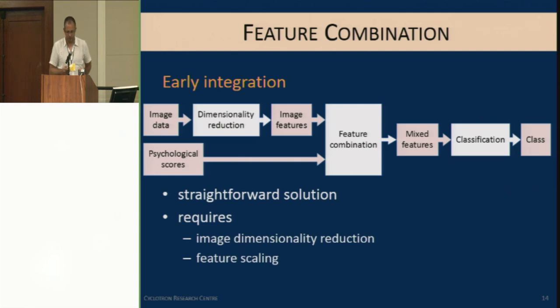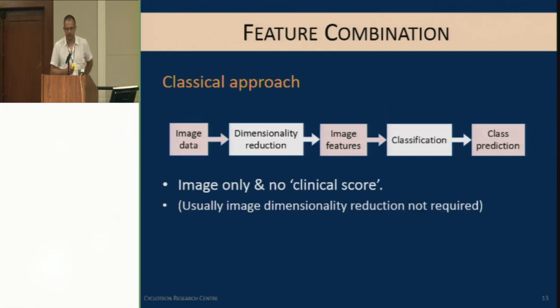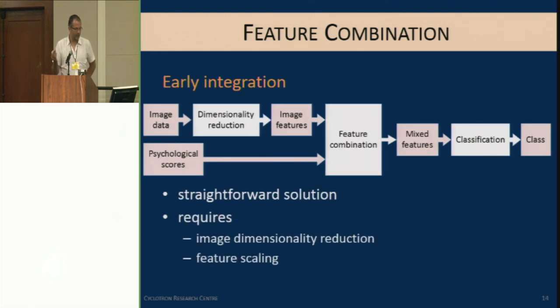But we tried different ways of combining the two sets of information. So you've got on one hand the image data and then the psychological scores. We call that early integration.